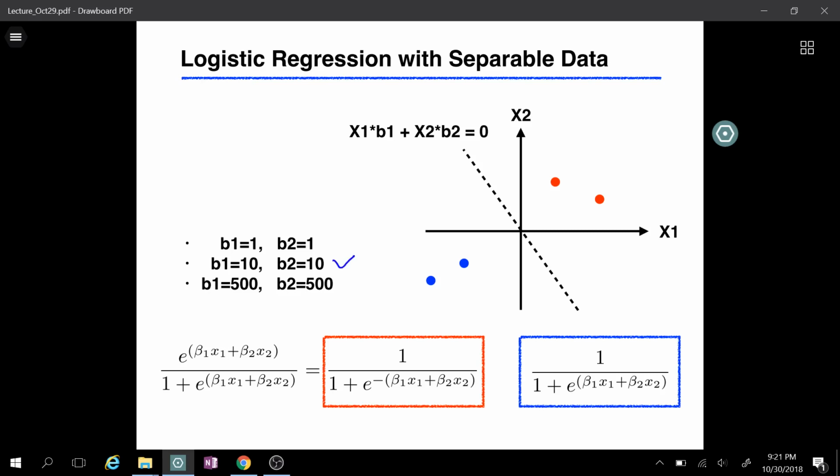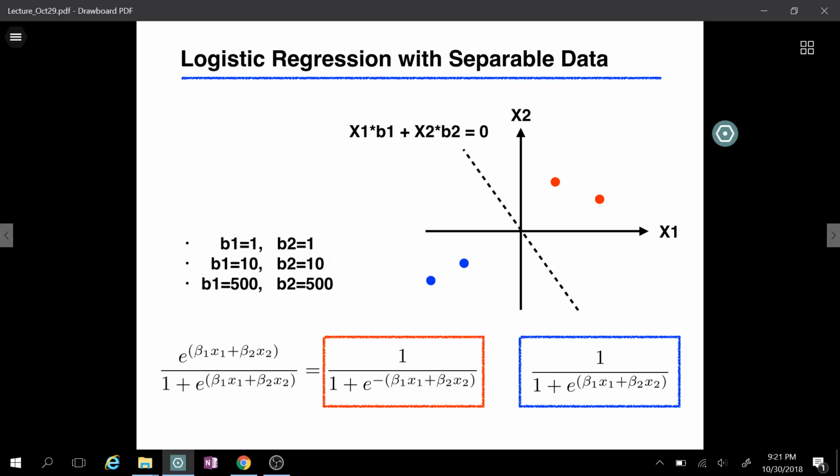You can do the calculation again, and you'll find that for both red and blue, this term is getting much smaller than 1. So the whole ratio is much bigger than half. That's good, so that means we think 10 is better than 1.